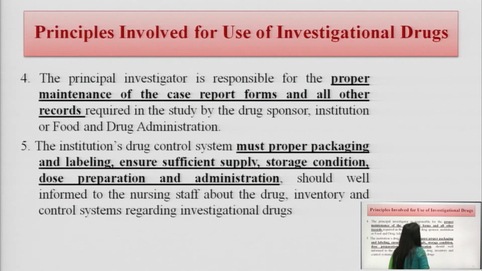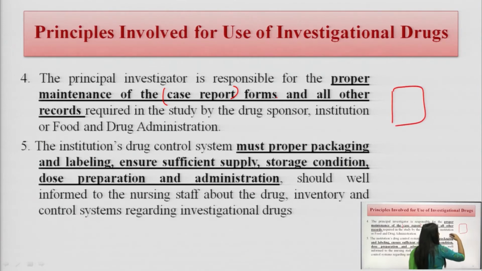Another point: the institution should have, for whoever is working on the use of investigational drugs, a principal investigator who is responsible for proper maintenance. If a doctor is performing any of the practicals, they will maintain the case report forms and all other records. Case report forms mean whatever data is taken from the patients at the time of the trial.